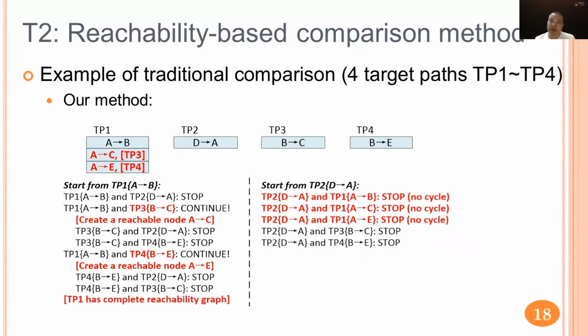After TP1 is finished, we still start the comparison from the code path TP2. Now we can use the indirect locking constraints in TP1, as shown in bold words, to reduce repeated comparison. Thus, we can find that our comparison from TP2 has fewer steps compared to the traditional method.